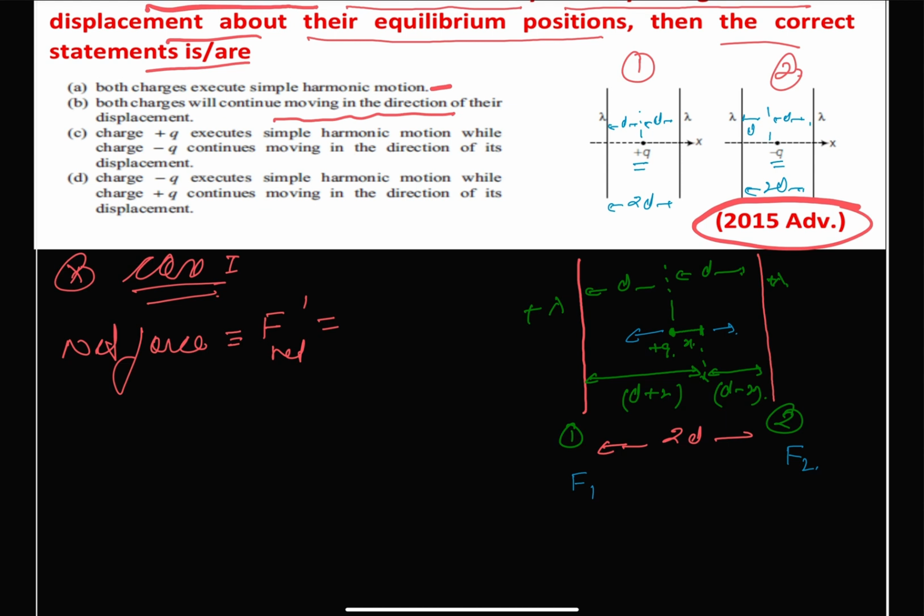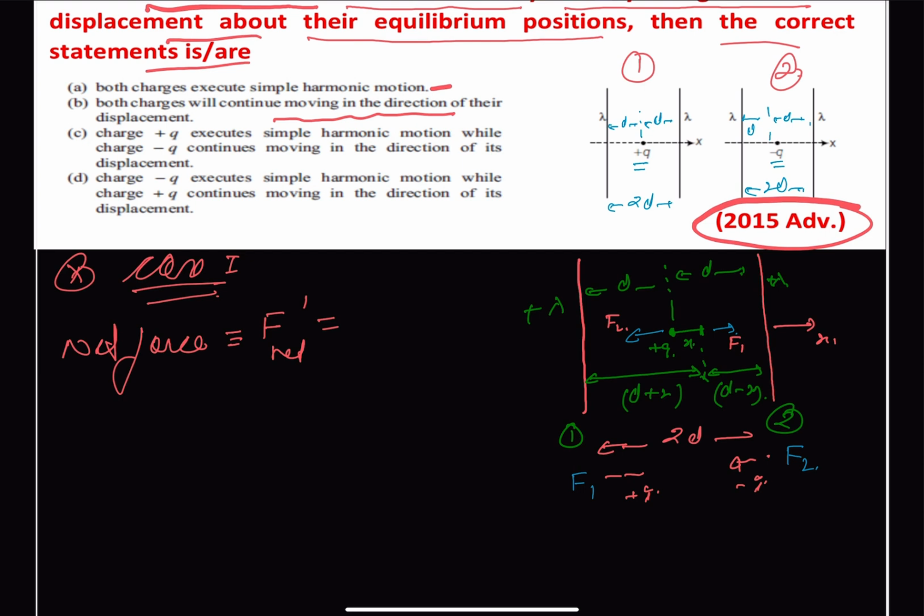So F net prime will be equal to, this is our x-axis, so F2 will be in this direction, that is minus i, and F1 will be in this direction, that is plus i. So this will be F1 and this is going to be F2.